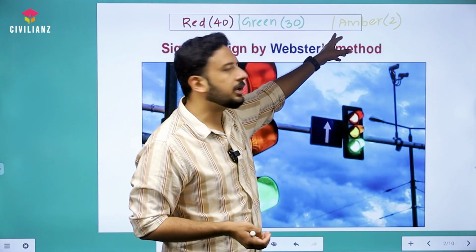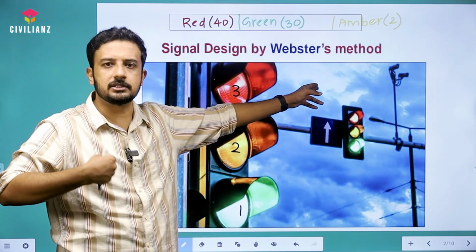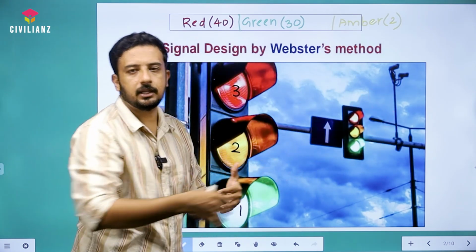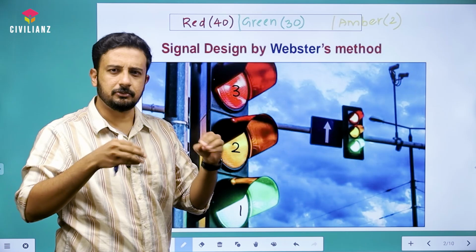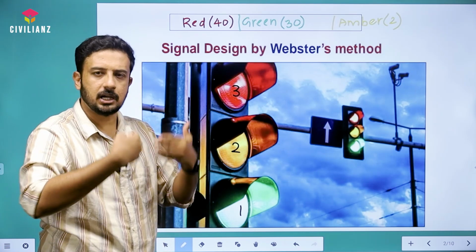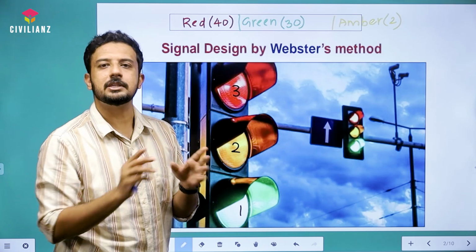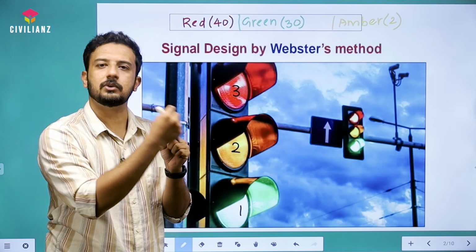Or if I am taking the starting of the amber as my starting of the signal, then also it will be 2 plus 40 plus 30, then also 72. So whichever point you consider as the starting point of the signal cycle, the cycle length or duration of the cycle will be the same.